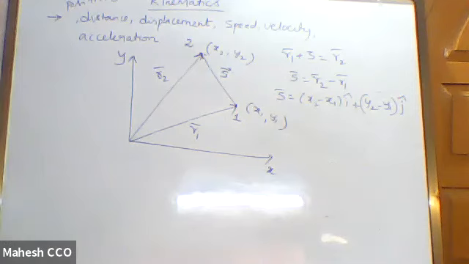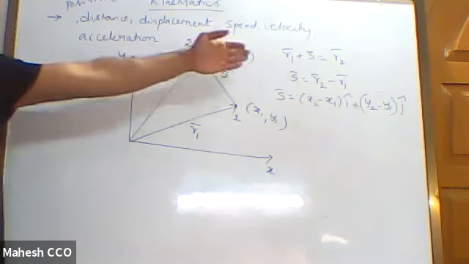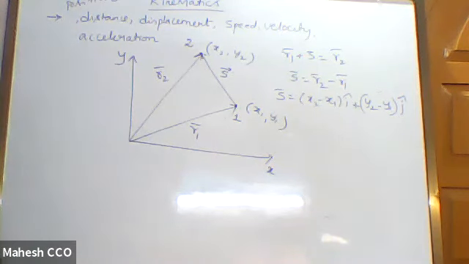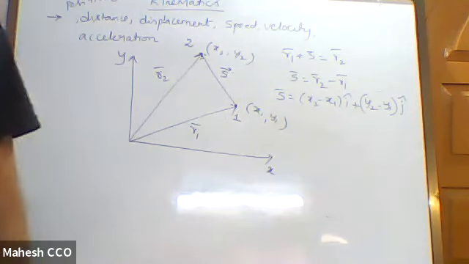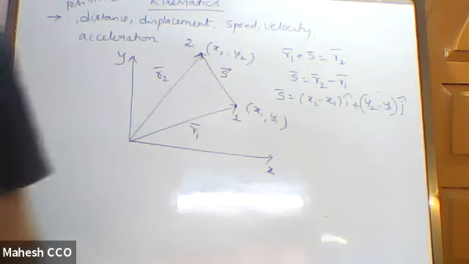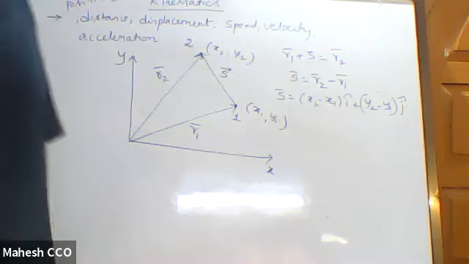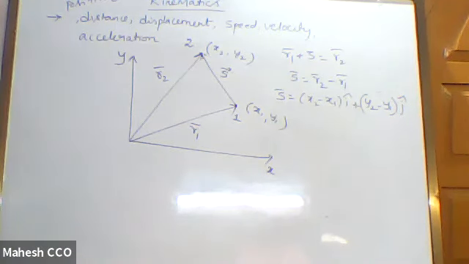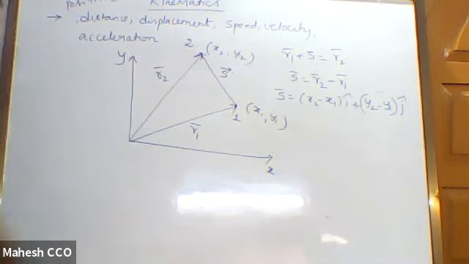So that is how we can calculate or obtain displacement vector. So in 2D I have written it. In 3D it will be x2 minus x1 i cap plus y2 minus y1 j cap plus z2 minus z1 k cap. That is how you can represent the displacement in 3D when the object is going from a point x1 y1 z1 to x2 y2 z2. So that is displacement.